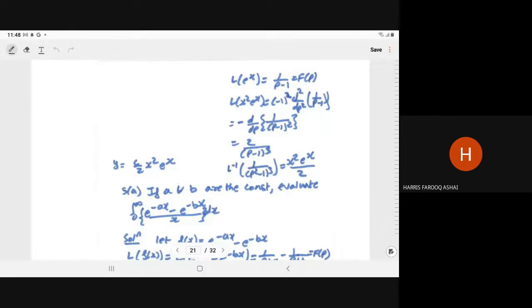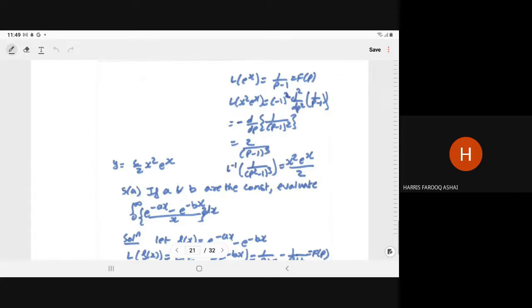So now the Laplace transform of x square e to power x, that is x to power n into f(x), will give you minus 1 whole square d2/dp2 of 1 upon p minus a. So if you take the derivative, it will give you 2 upon p minus a whole cube, that is p minus 1 whole cube.